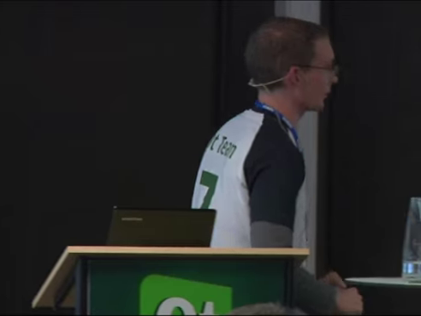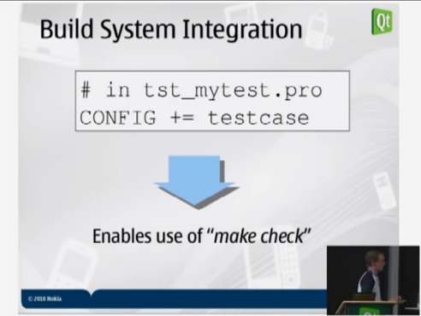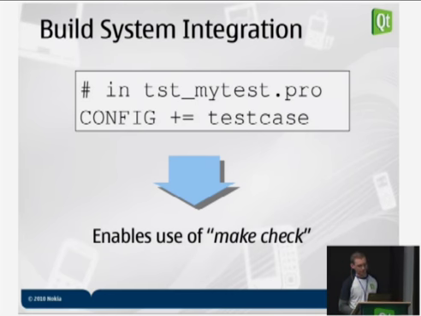The last thing that I want to move on to is build system integration. Okay, so we have tests. Let's just imagine that we had more than one test. I wouldn't want to go through and run them all manually, right? So there's this minor extra step that you can do, which enables you to use make check and run all the tests that you want.